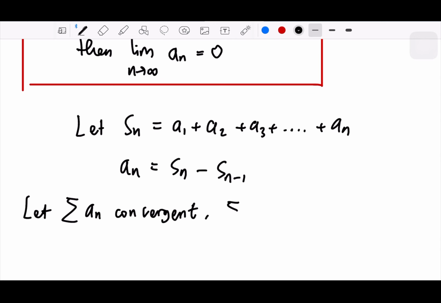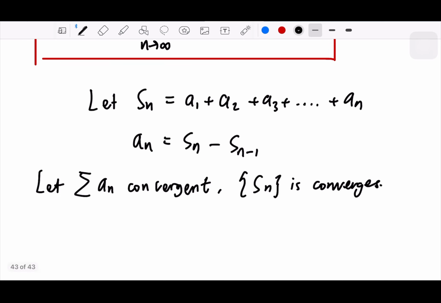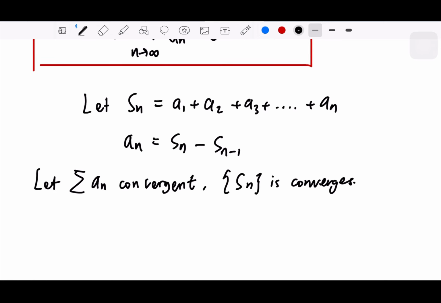So that the Sn, or the sequence of the partial sum, also converges. And then let the limit as n approaches infinity of Sn be equal to some number s.